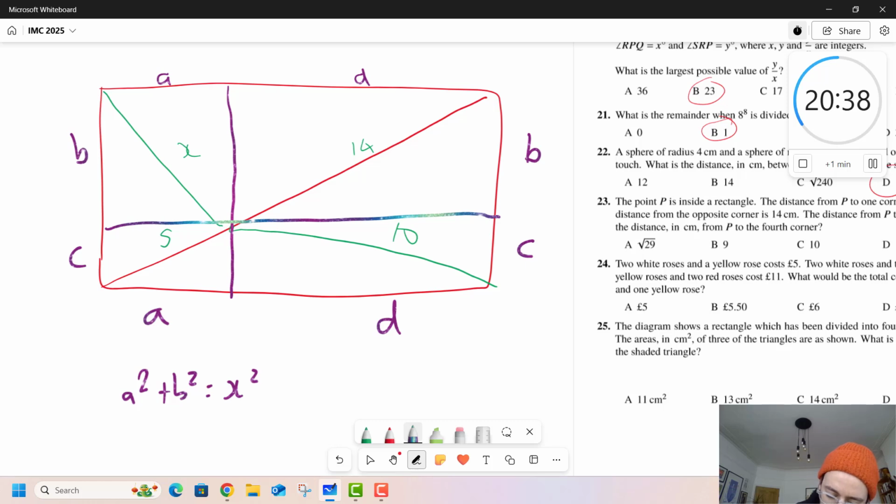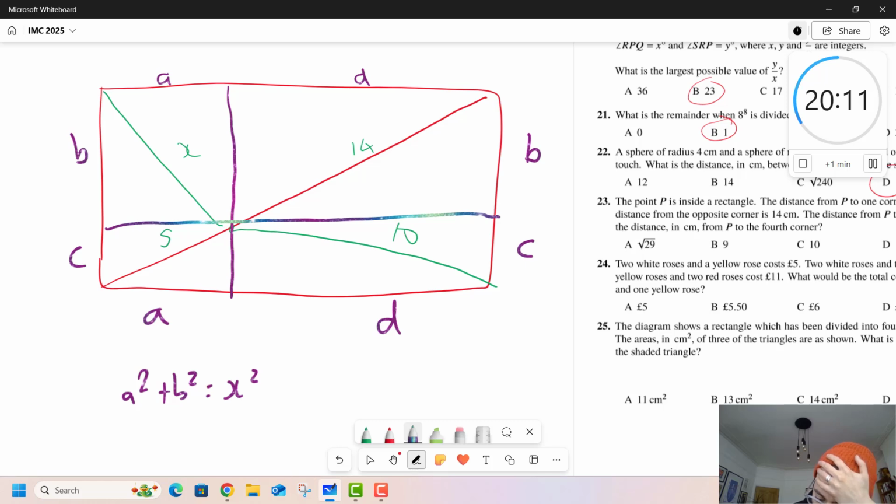If I add all of these together, that's 2A squared plus 2B squared plus, hold on, if I look at, so here I've got A squared plus D squared plus B squared plus C squared plus 2AD plus 2BC equals 19 squared. Now, D squared plus C squared is 14 squared.